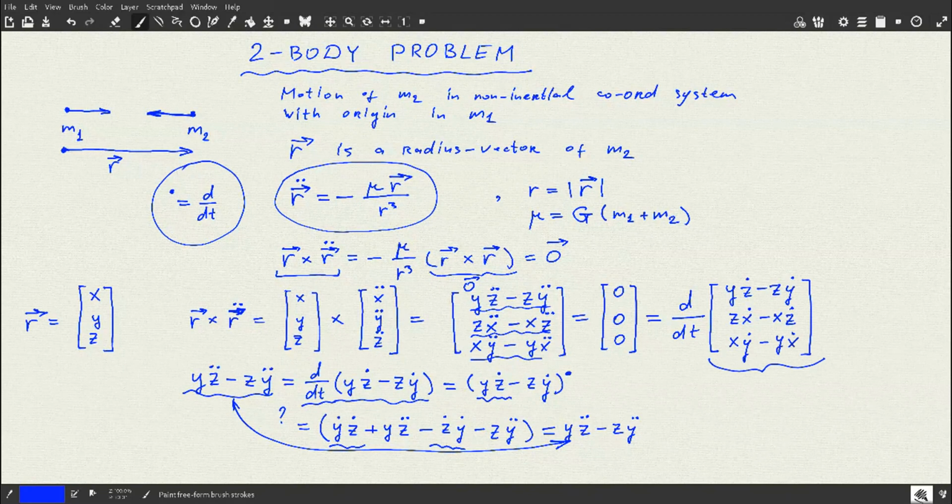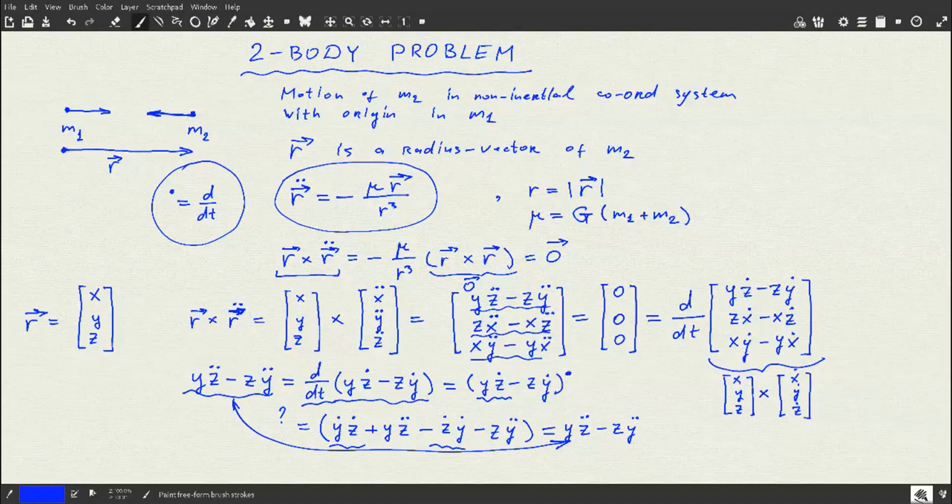But what is this vector? Well, it is the cross product of x, y, z with x dot, y dot, z dot.